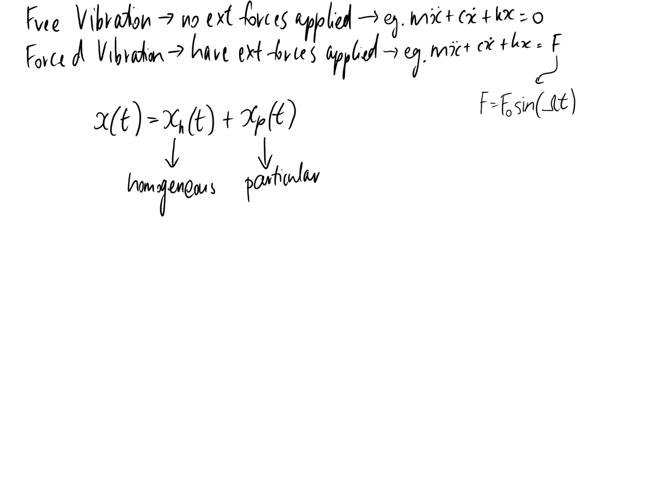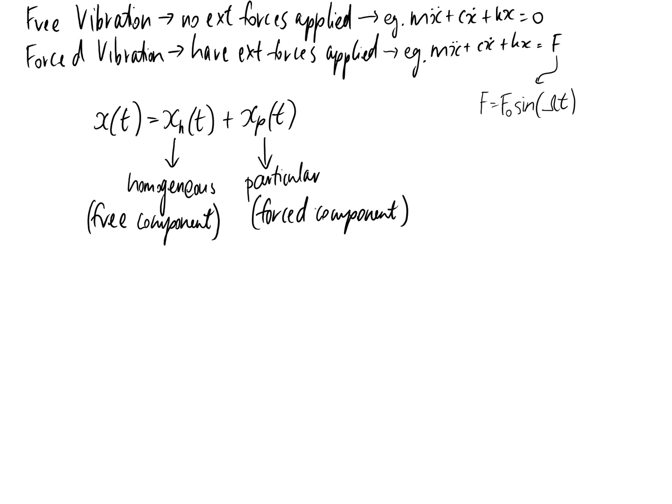This homogeneous part comes about due to the free vibration, so I'll put in brackets here free component, and the particular part is attributed to the forced component. So when you solve the free vibration questions, really all you're doing is solving for this homogeneous part, the free component. Your particular solution ends up being 0 because you have no force component.